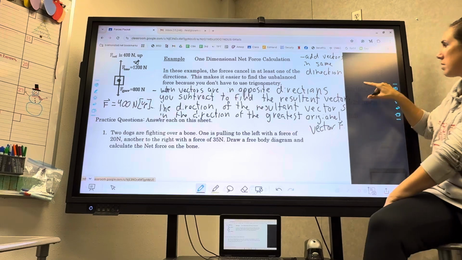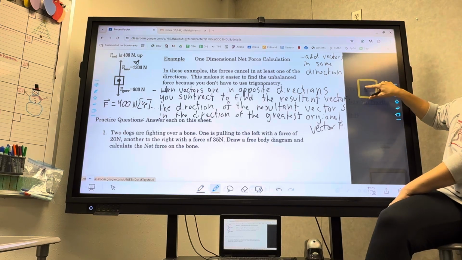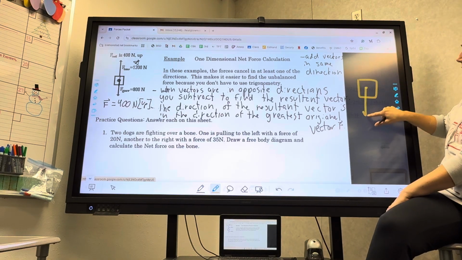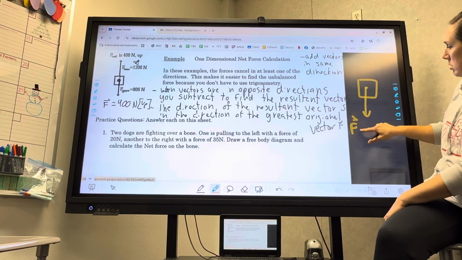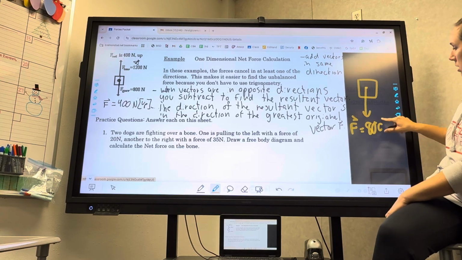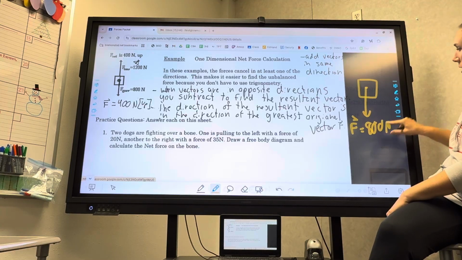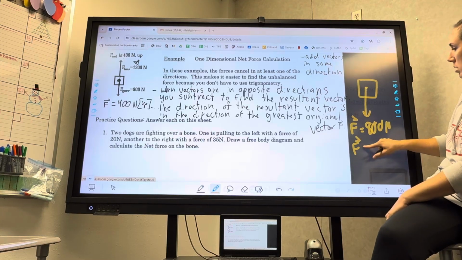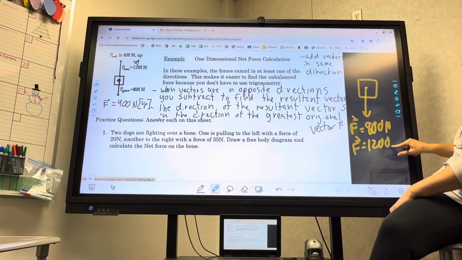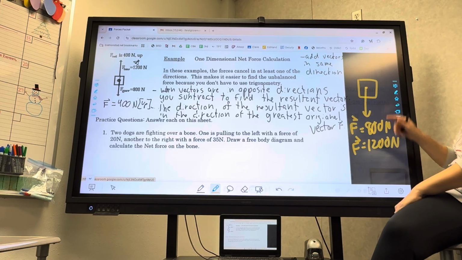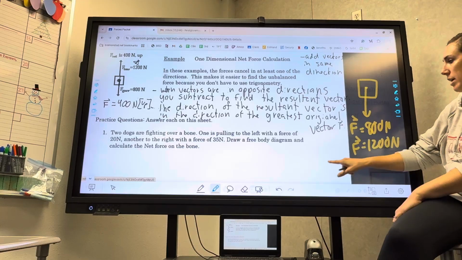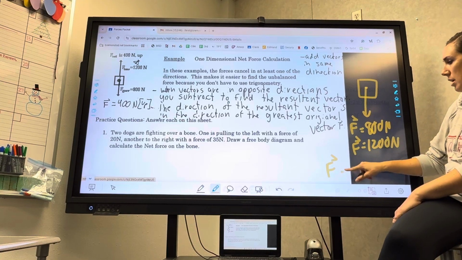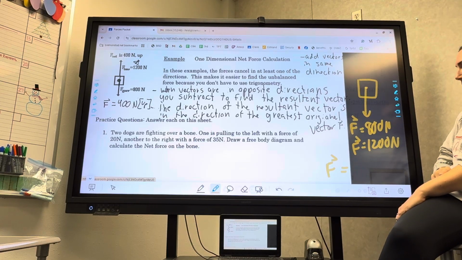And so say if we had that box again, but instead it was a force 800 newtons downward, and then another force 1200 newtons downward. So if they're both in the downward direction, our resultant force vector, what's 800 plus 1200?